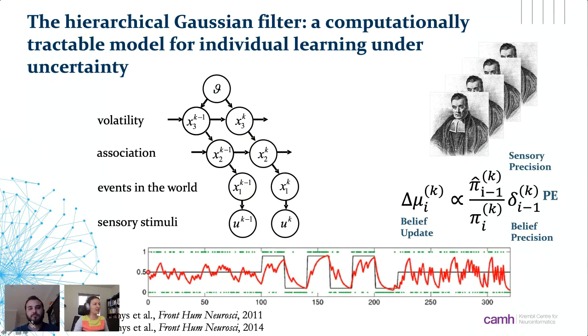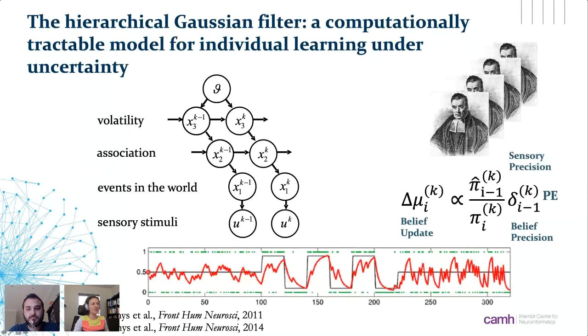This reflects, in red, the belief update that an agent has about an event that occurs with 50% probability, essentially at chance. So you see that the belief update hovers around this 50% mark. Now we have a change in the environmental context when things become very predictable.